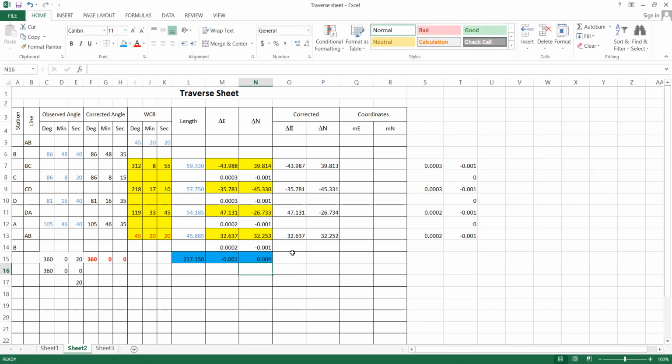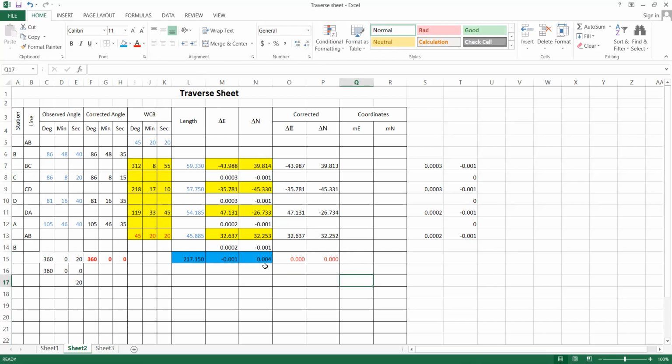Now if I add these ones, the summation is 0. And this is also a checkpoint.